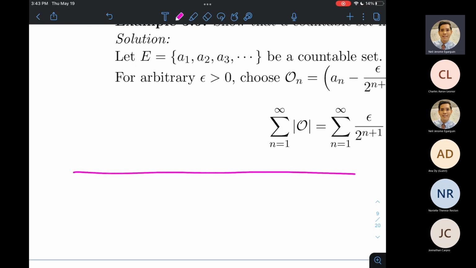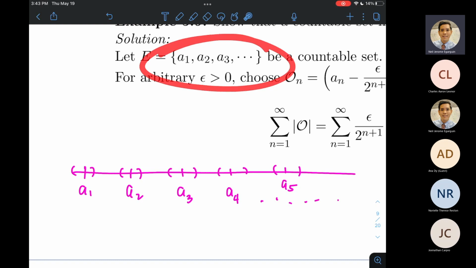Kasi kahit infinitely many sila pero countable sila, so I can do the covering one by one in a nice manner. Okay? Makakahanap ako ng open intervals na center yung bawat isang member niya. Ang requirements sa measure 0 dapat countable yung set na ipapang-cover mo.